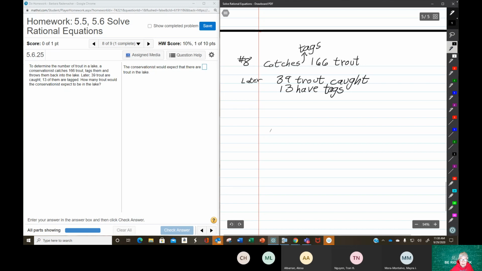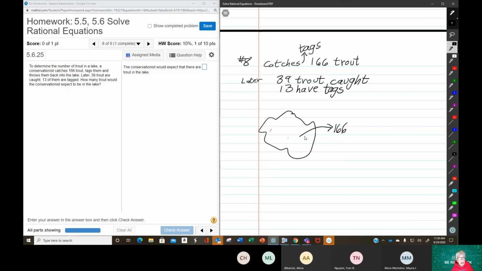Okay. All right, so let's look at this. Here's a lake. My rendition of a lake. Now, this conservationist catches 166 trout. Out of all the trout swimming in the lake, the conservationist catches 166.